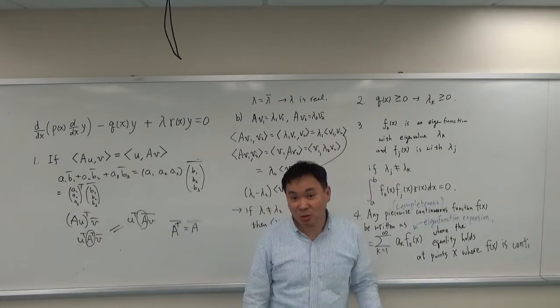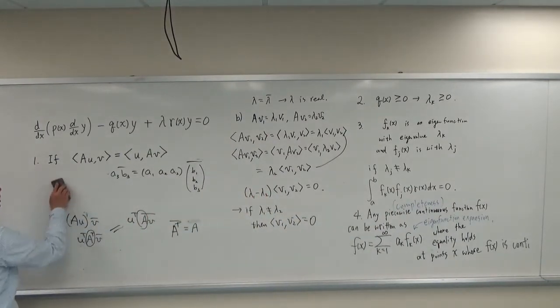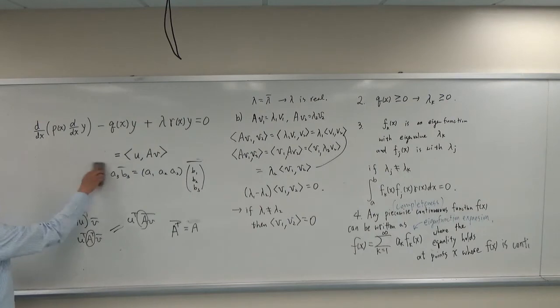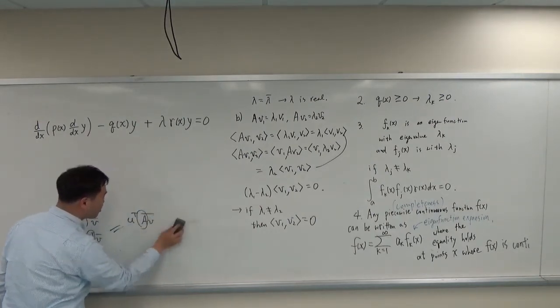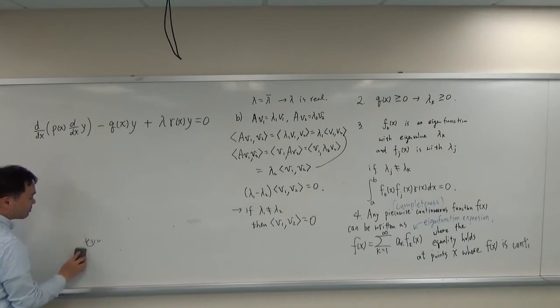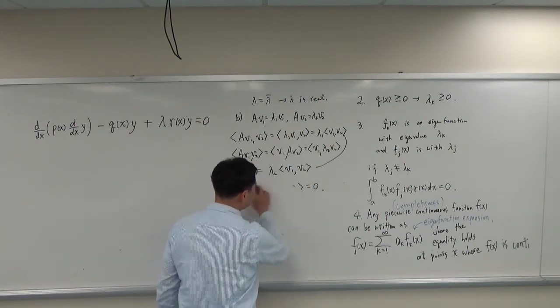Okay. So in order to show that, all I have to show now is that this one is somehow related to a self-adjoint operator. And if that's self-adjoint, then you're done.